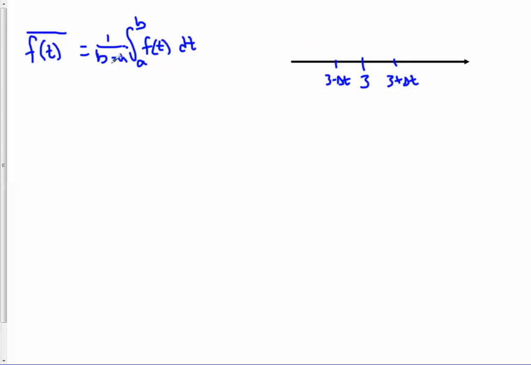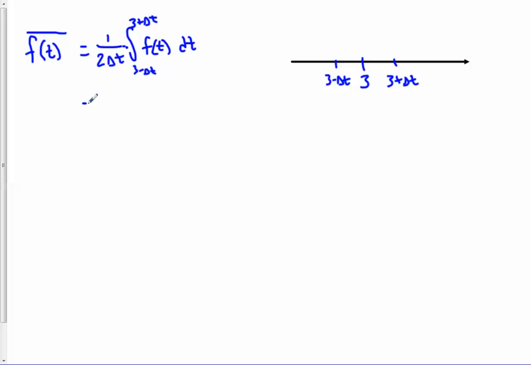So now, replacing a and b, 3 minus delta t is my a, and 3 plus delta t is my b. So the integral is from 3 minus delta t to 3 plus delta t, and the width of the interval is 2 delta t.